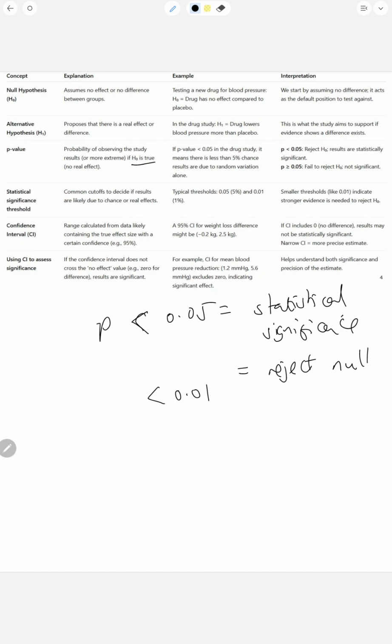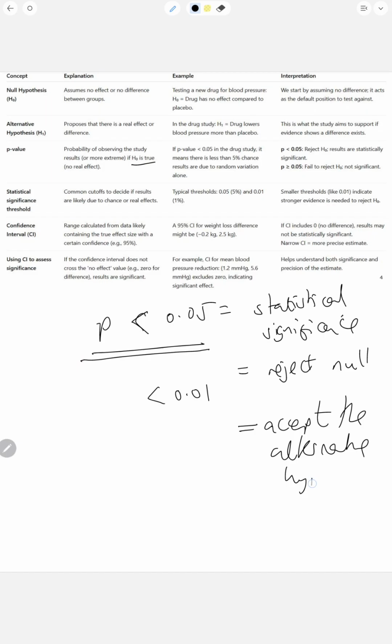But generally speaking, for most studies, if you see p less than 0.05, it means statistical significance, means we reject the null hypothesis, means we accept the alternative hypothesis. All right, so that's the p-value.